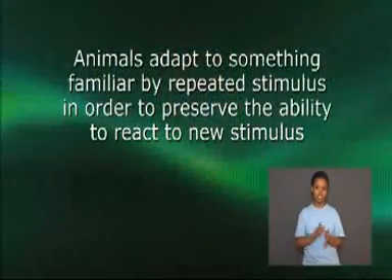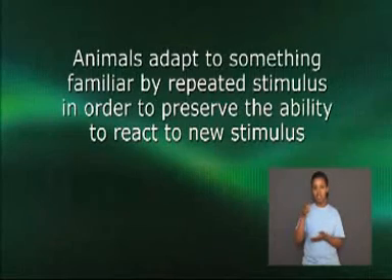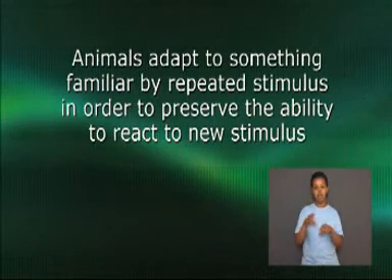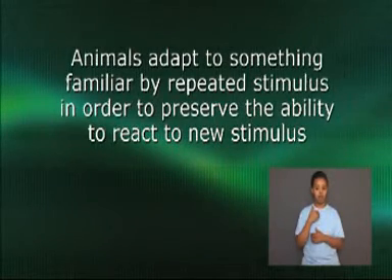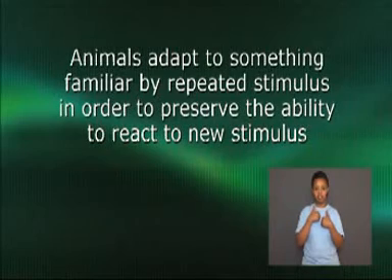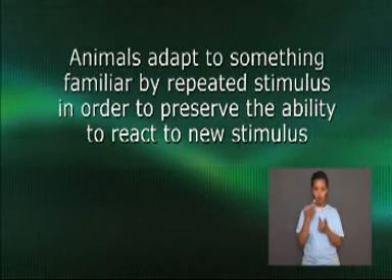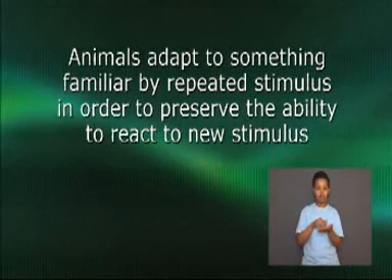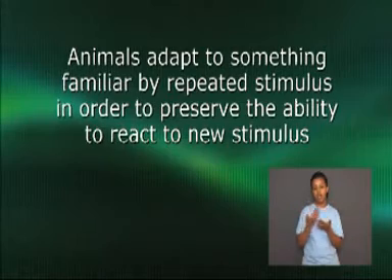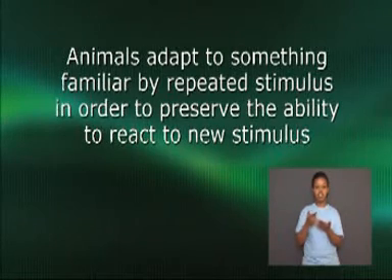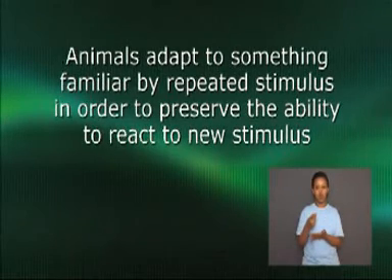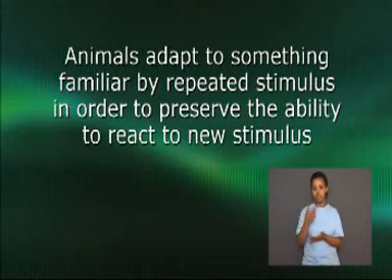Welcome back, students. If you said that habituation affects behavior in animals by allowing the animal to adapt to something familiar by repeated stimulus in order to preserve the ability to react to new stimulus, then you answered correctly.